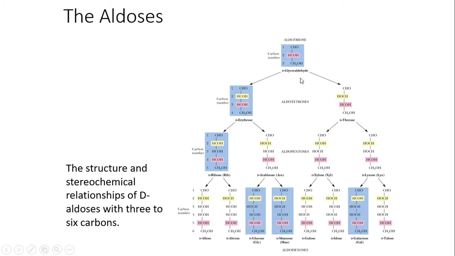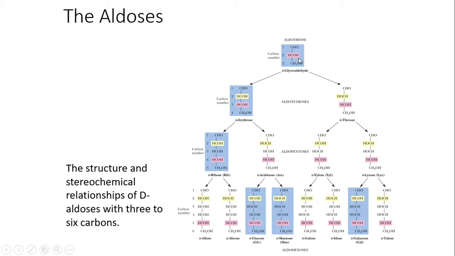The simplest or the smallest aldose is D-glyceraldehyde. This is an aldotriose. So this is another way we can classify carbohydrates, and that's by the number of carbons in the chain. So triose, 3 carbons, aldotetroses, 4 carbons, aldopentoses have 5, and finally aldohexoses have 6.